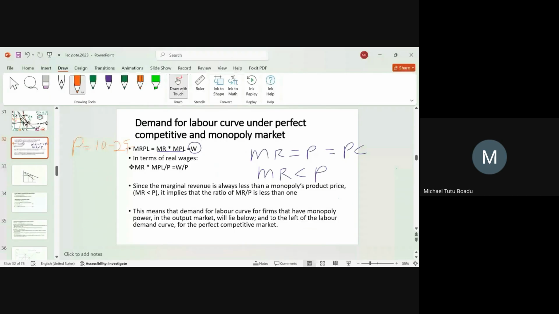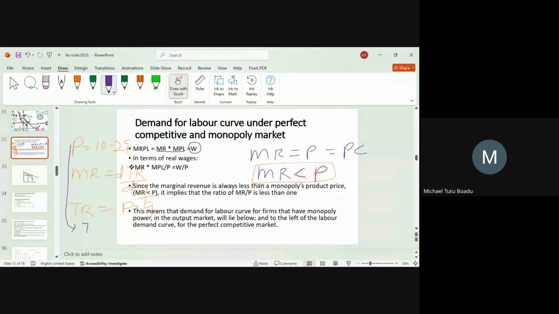Let's now look for marginal revenue. We want to show that marginal revenue is less than price, or price is greater than marginal revenue. Marginal revenue is the change in total revenue over the change in quantity, Q. So we need to find total revenue. Total revenue is price times quantity.